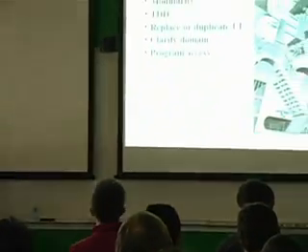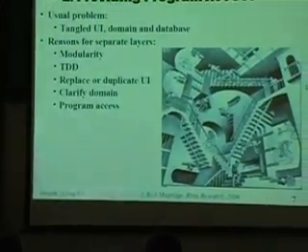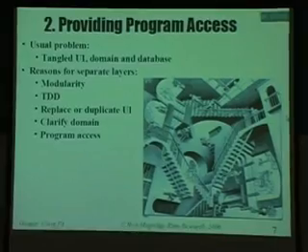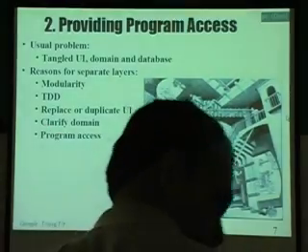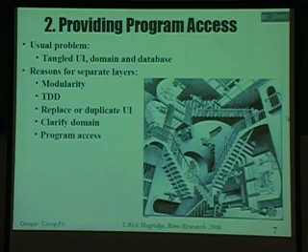Okay, so the next one is in terms of providing programmatic access. The problem often happens is that many applications are written with a tangle between what can be seen as separate layers.